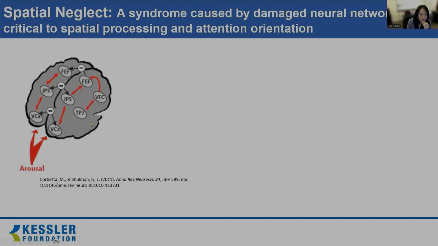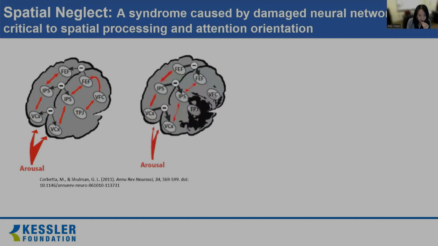So the right hemisphere is attending to stimuli from the left side of the world, and the left hemisphere is processing information from the right side of the world. The two hemispheres are always interacting with each other and coming into a dynamic balance, so that in healthy people who do not have brain injuries, we sit up straight, we walk straight, we can easily find the center of our environment.